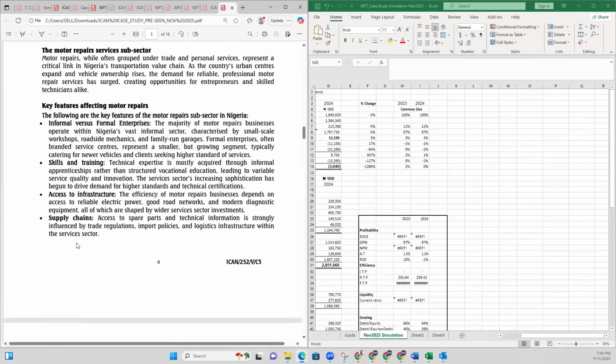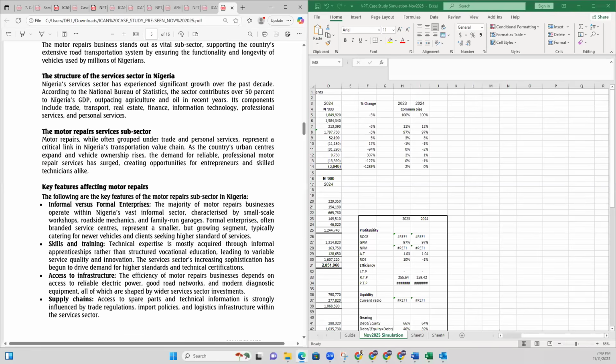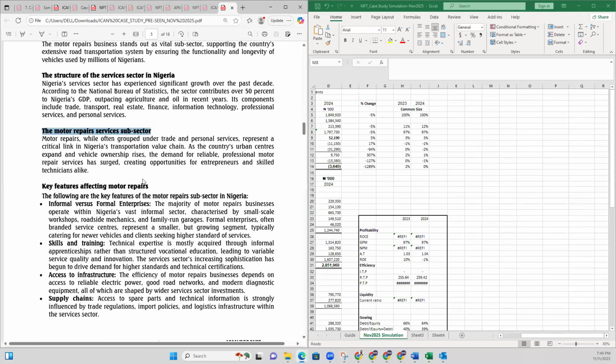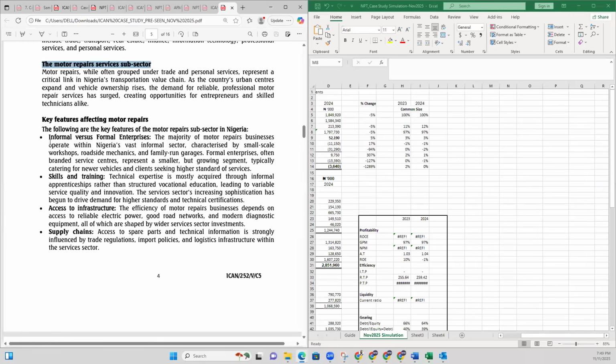Now, one of the things they did regarding the motor repair subsector is to discuss the key features of that sector. Because we are summarizing, listen.